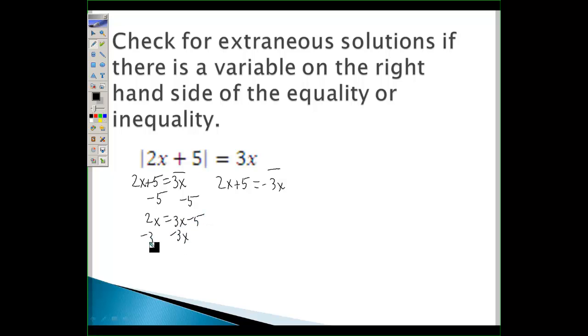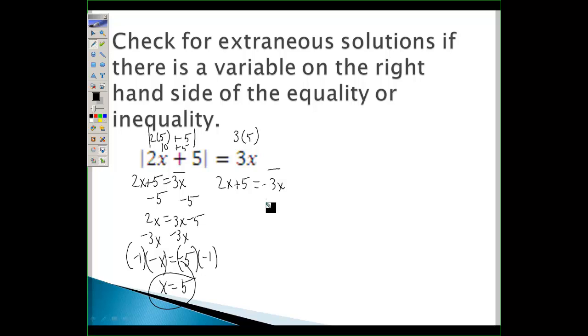Get my variables on the same side. X equals 5. That's one solution. Let's plug that in right away and see if it works. 2 times 5 plus 5. That's 10 plus 5. That should be equal to 3 times 5. Is the absolute value of 15 equal to 15? Yes, it is. So this is a good solution.